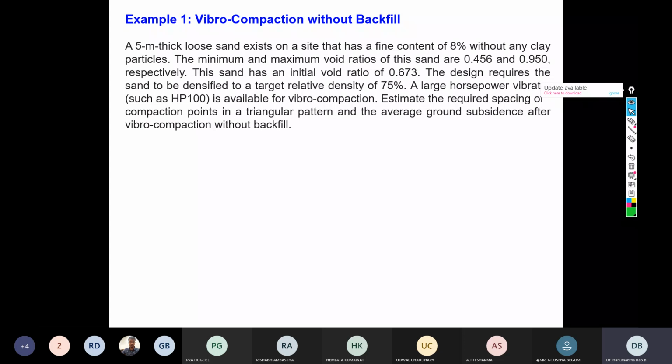The design requires the sand to be densified to a target relative density of 75%. A large horsepower vibrator such as HP 100 is available for vibrocompaction. Estimate the required spacing of compaction points in a triangular pattern and the average ground subsidence after vibrocompaction without backfill. So please note down.